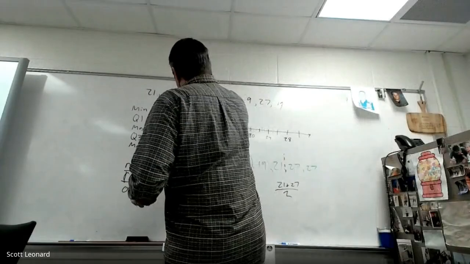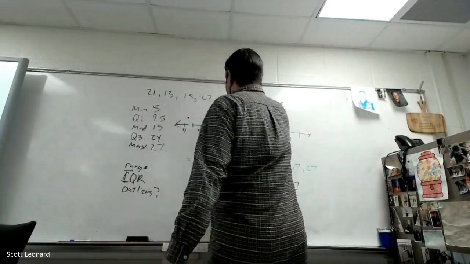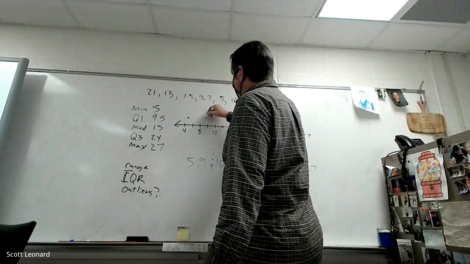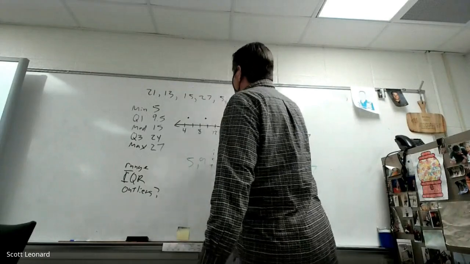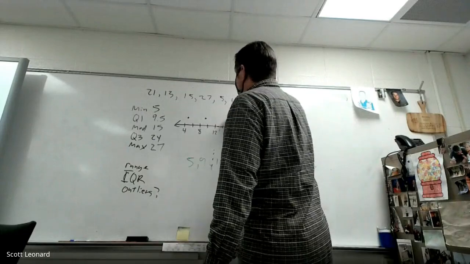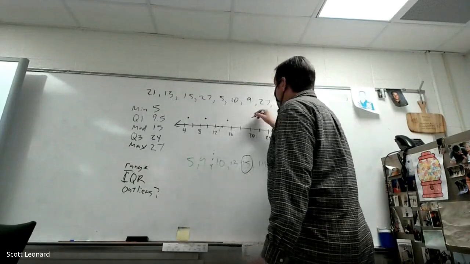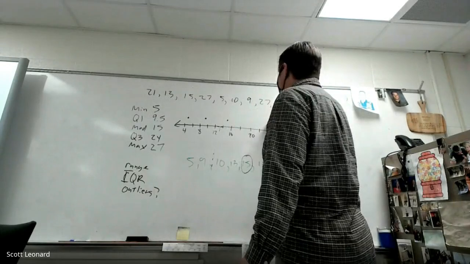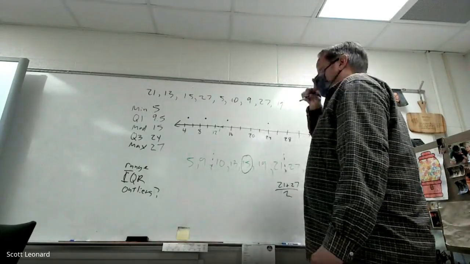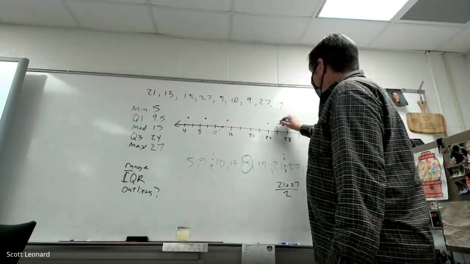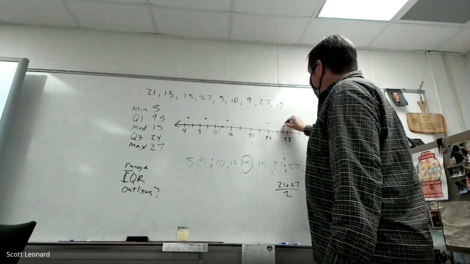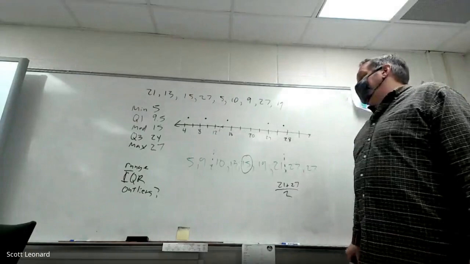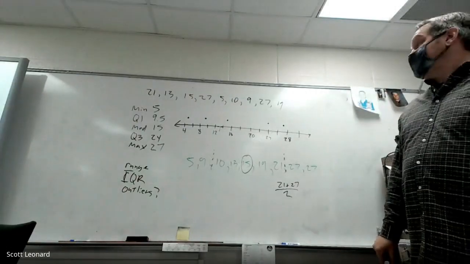So here's 5, 9.5, that's 10 right there, so close. 15, 24, 27. Okay, is everybody good?